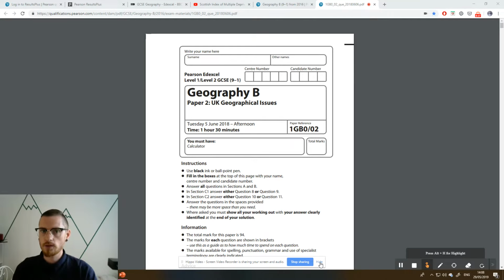It has two parts: C1, which is your physical geography fieldwork, and C2, which is your human geography fieldwork. That will be question 8 or 9 for physical. So HLS geographers, you're going to do question 9 on rivers, and 10 or 11 on your human fieldwork, which for us HLS geographers is going to be question 10, about Nuneaton.